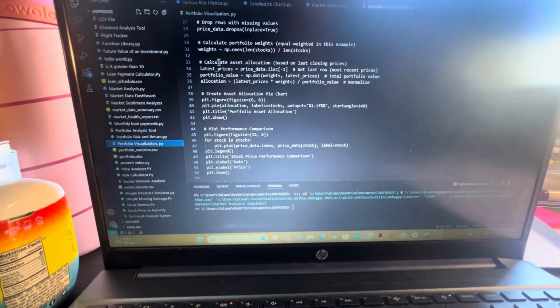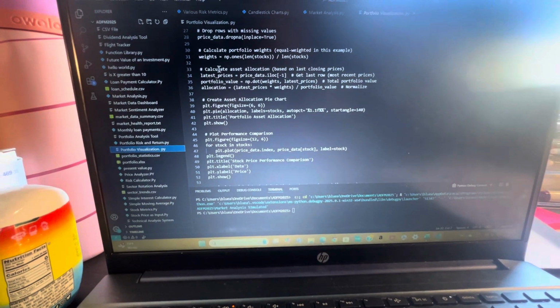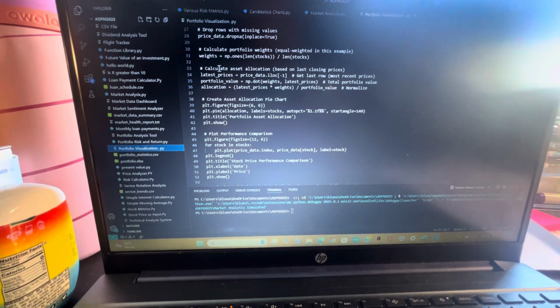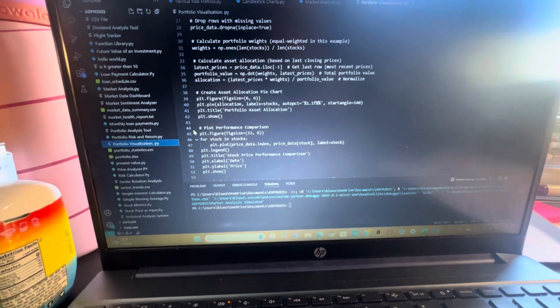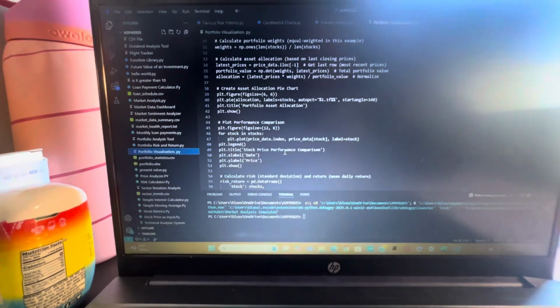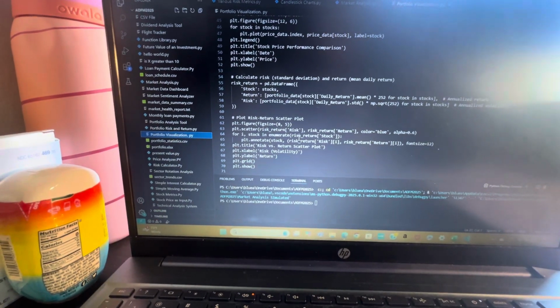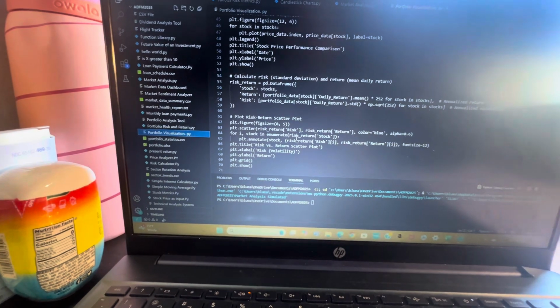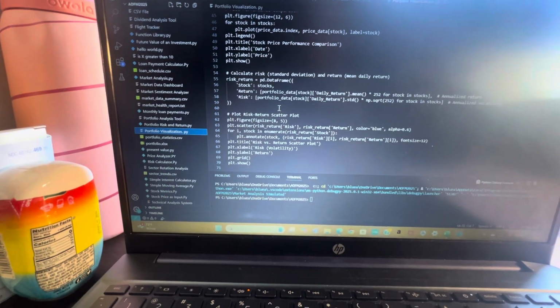Then lines 30 through 31 are calculating the portfolio weights. 33 through 36 are calculating the portfolio allocation. Then jumping down to lines 44 through 52, this is plotting the performance comparison. Then lines 54 through 59 are calculating the risk and return metrics.